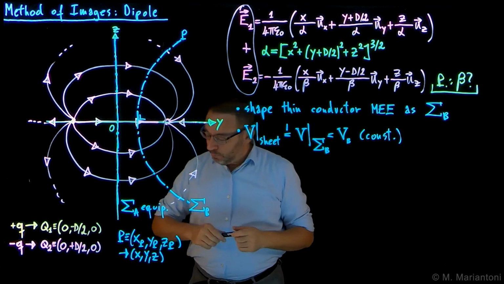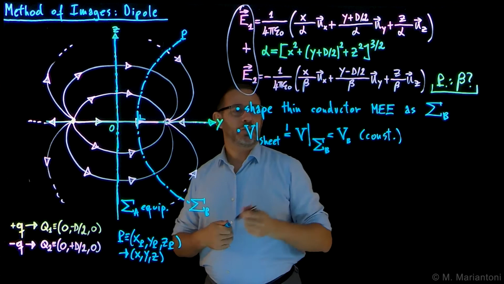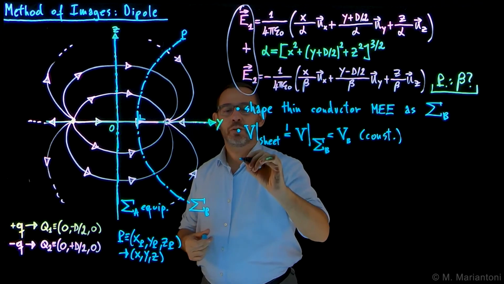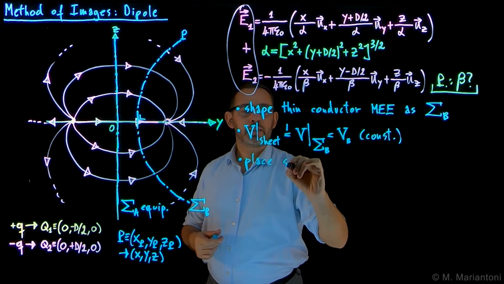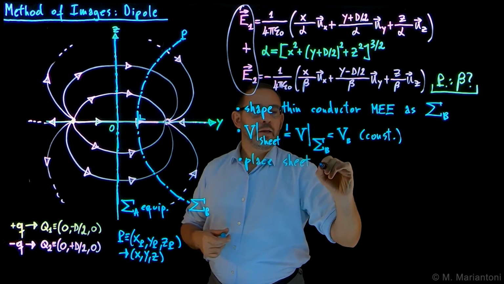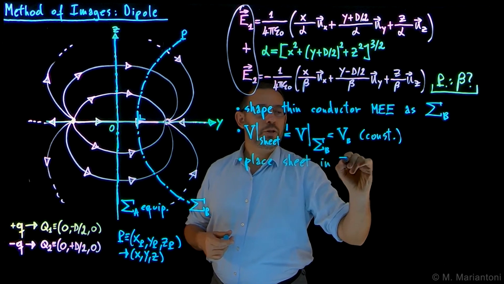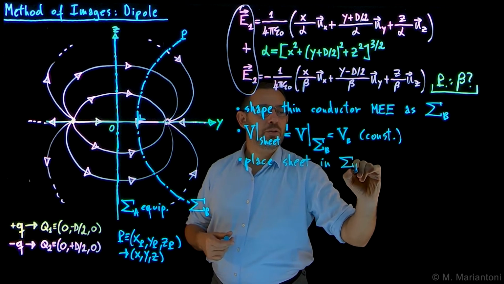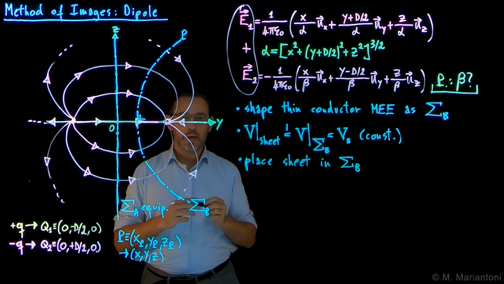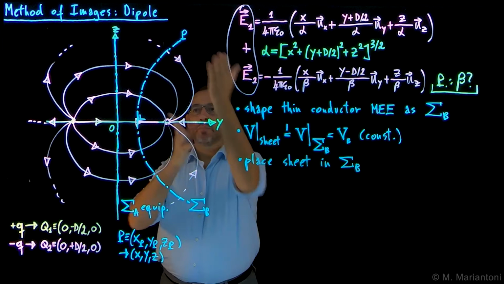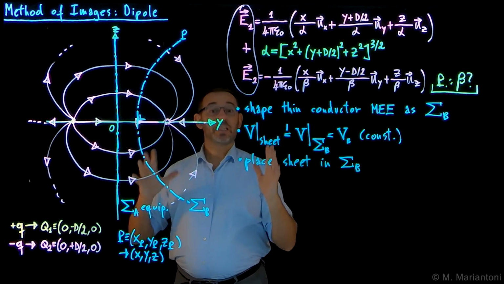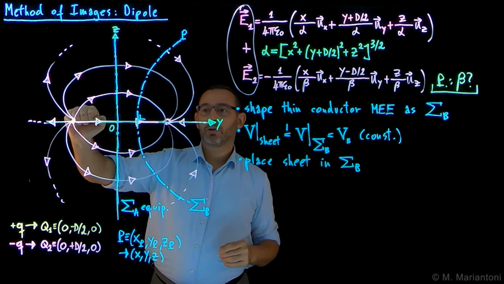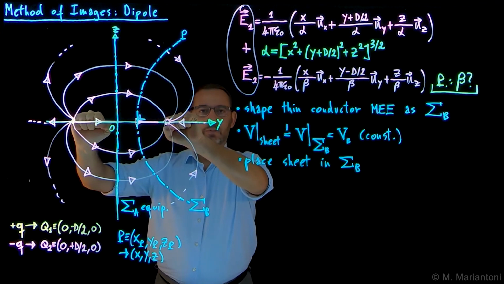The next step is that we place the sheet in the location of capital Sigma B. We take it, and we place it there. Now, suppose that I'm an observer, so what is the situation here? We have a plus charge, plus Q, and a minus charge, minus Q. This remains the same.